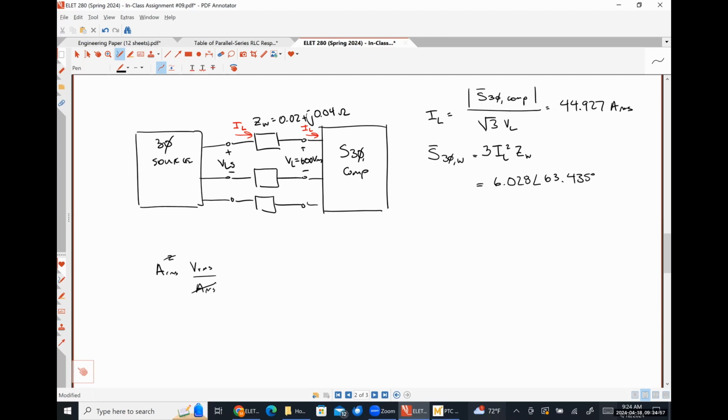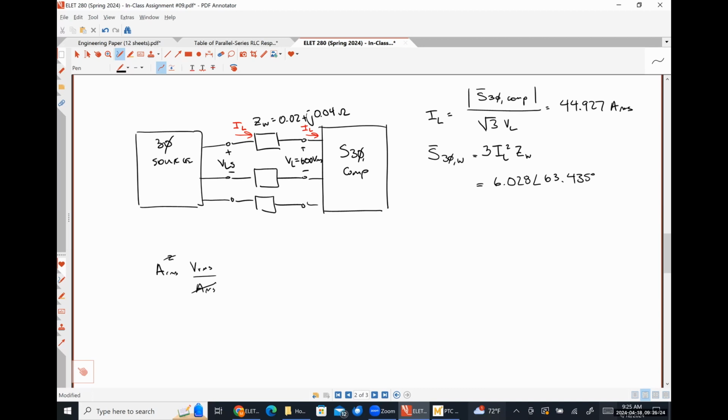So the distinction that I'm making right here is that the complex power absorbed by our transmission line network is given in volt amperes, but our complex power absorbed by our composite load is in kilovolt amperes. So there is a difference in magnitude of 1,000 times. We're about to add those two numbers together, and so I don't want us to overcompensate the contribution of the transmission line network.